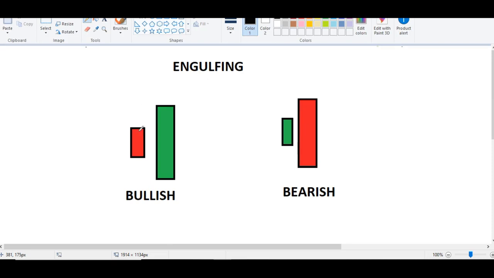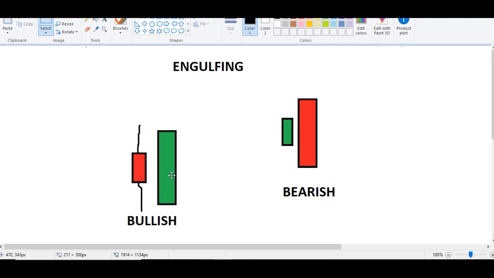Now keep one thing in mind, we're just comparing the bodies here, right? We're not looking at the high or the low. So if this red candlestick was like this, where the high and the low were greater than this green candle, this is still considered as a bullish engulfing. Why? Because we're looking at only the bodies and not the wicks, not the high and the low. Okay. So now where do we want to see bullish engulfing patterns?